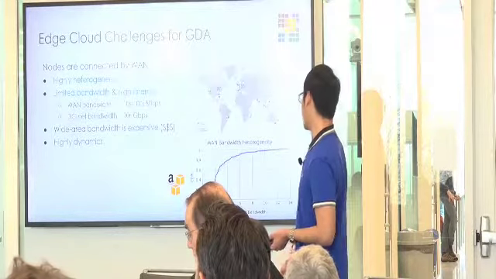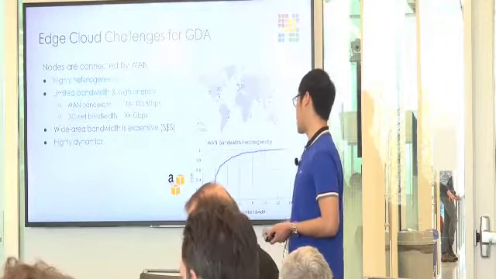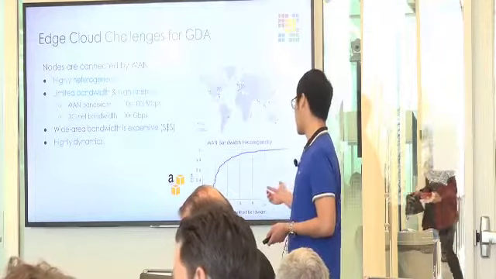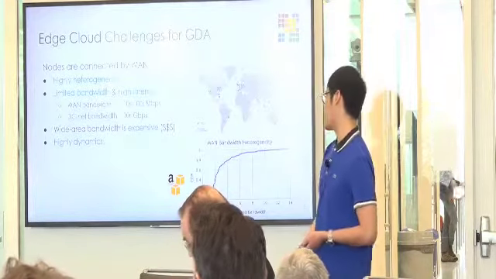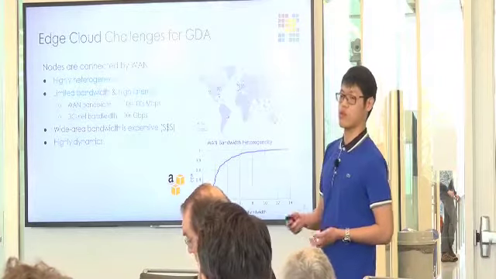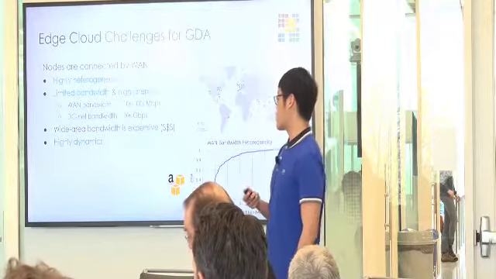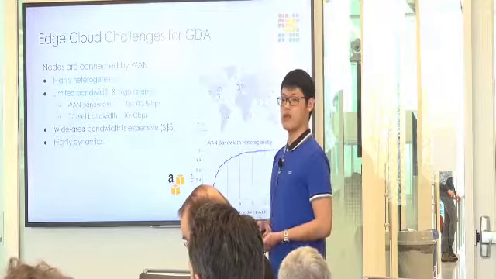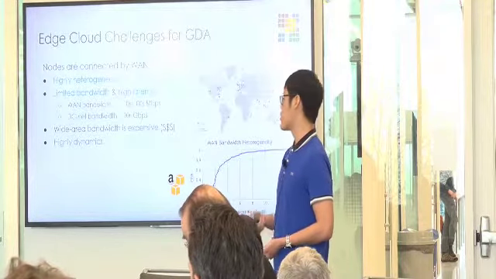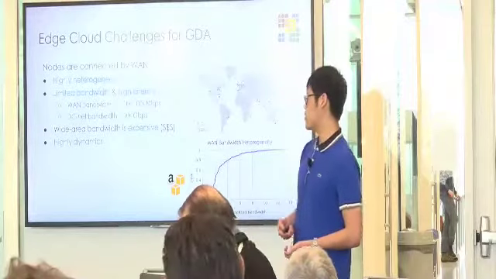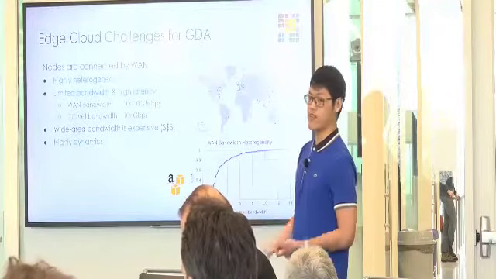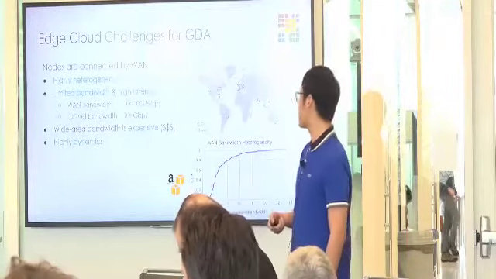And we see that one link can provide as high as 10x or up to 20x more bandwidth compared to the slowest link. Also, the wide area network has limited bandwidth and higher latency compared to the intra-data center network. And they are also expensive and highly dynamic in practice.